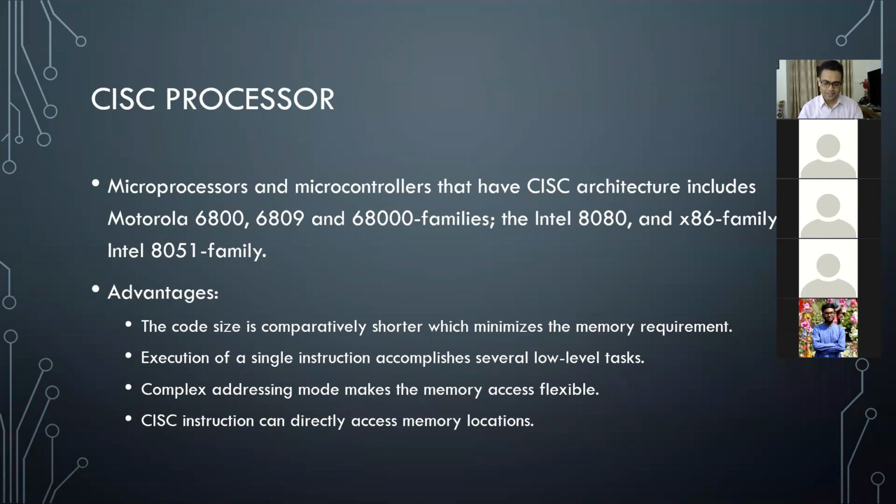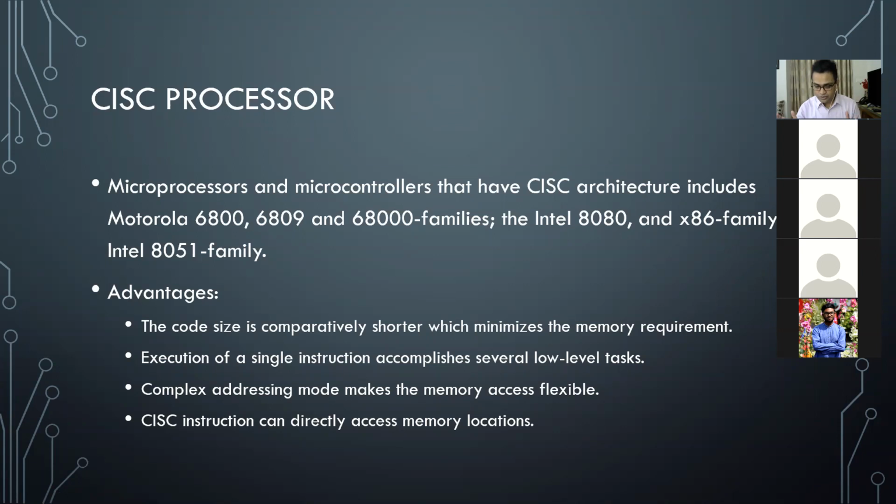Of course, it is less memory, and also execution of a single instruction is accomplished with several low-level language code. That means you don't need to write so many other lines. If you just write one line, all other related code will also work. So that is also a very good advantage. Complex addressing modes make memory access flexible. That means the CISC processor generally uses more memory, so it works memory to memory rather than register to register.